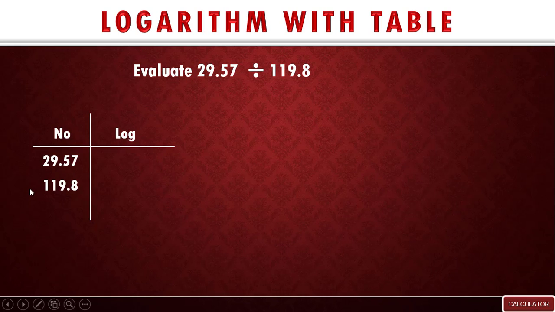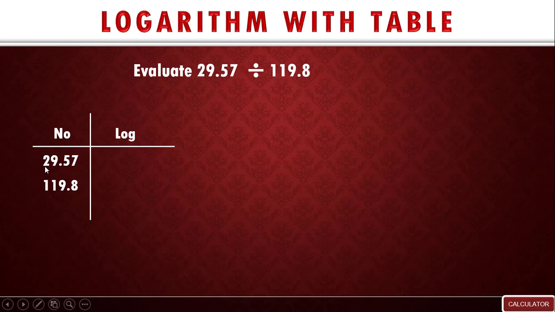But for those of you that are making use of your 4-figure table, all you need to do is to check 29 under 5 difference 7 from your 4-figure table. And for the second number, you're checking 11 under 9 difference 8. So you need to determine their characteristic first. If you remember, you need to count the number of digits before the decimal.